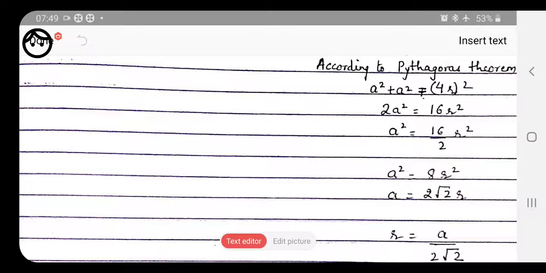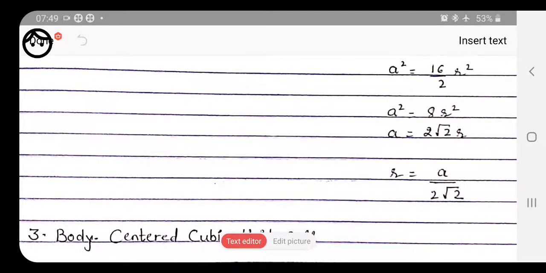And because here we are calculating the radius, r is equal to a upon 2 root 2. So with the help of this, we can calculate the radius for the face centered cubic unit cell. Here we got the relationship between the edge and the radius.